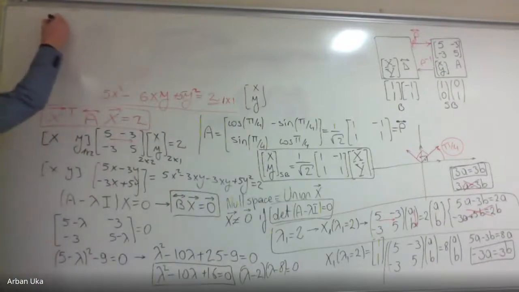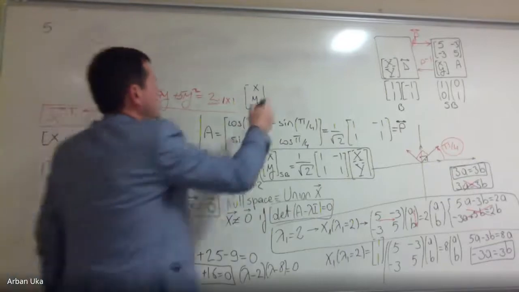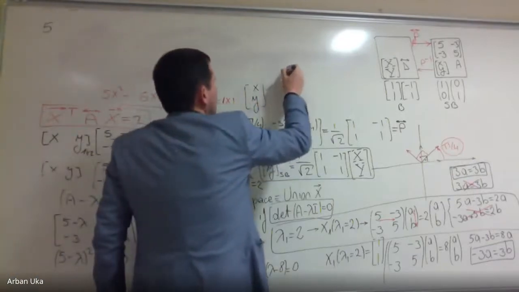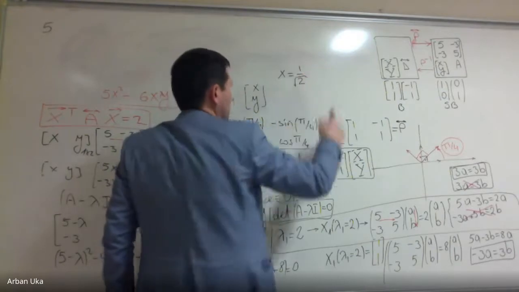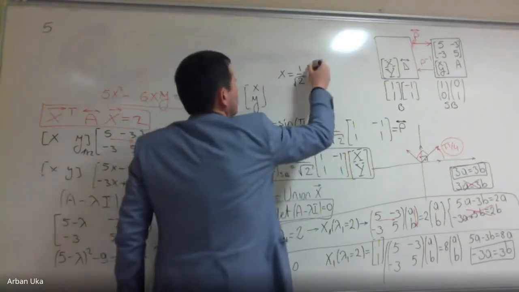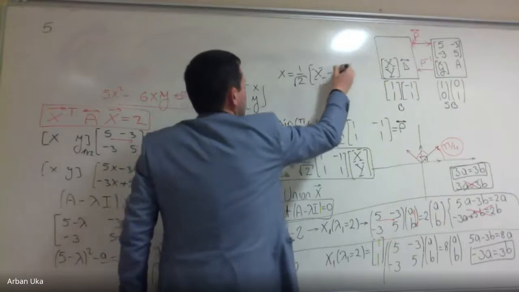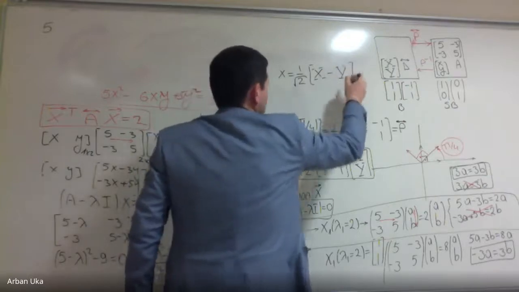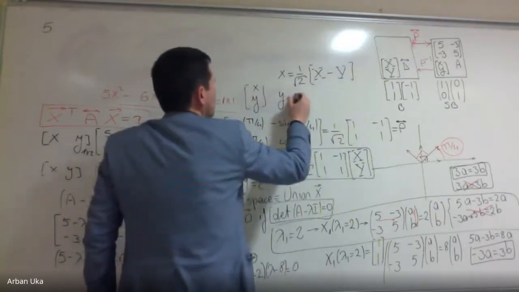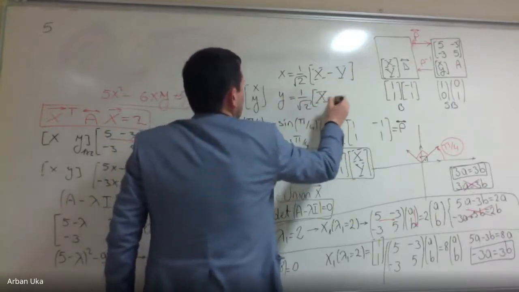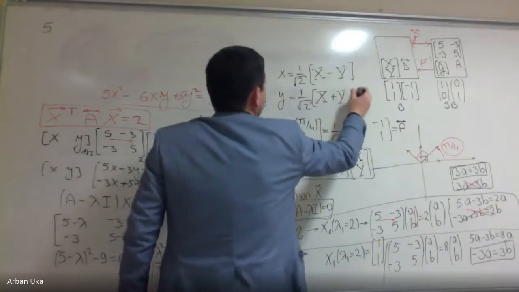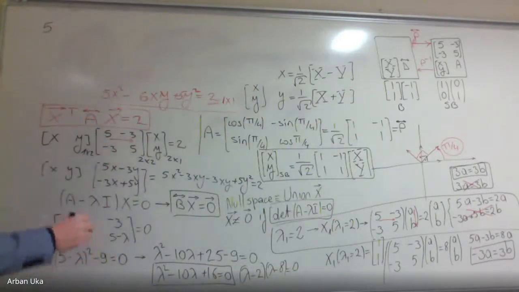We have 5x squared. Little x is equal to 1 over square root of 2 times X minus Y, and little y is equal to 1 over square root of 2 times X plus Y. So with this change of variables, we move ahead.